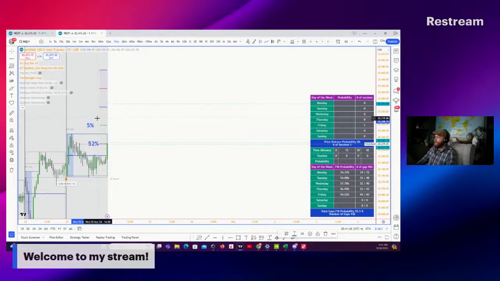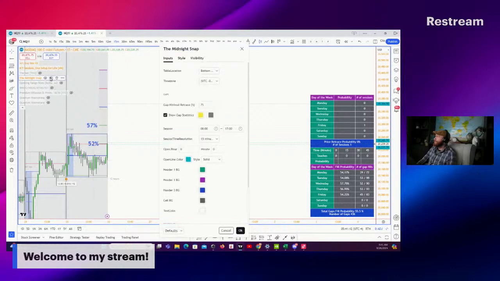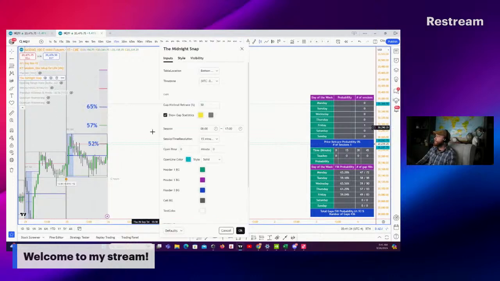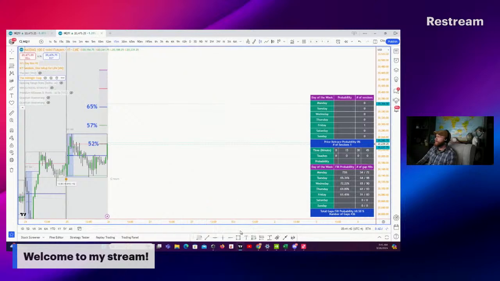I have to reach out to a coding buddy. 50% of the gap being filled, 65. 25% of it being filled, 69. Oh, we're going to say 70.